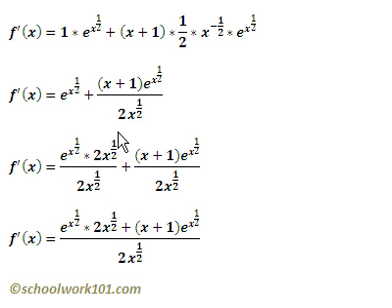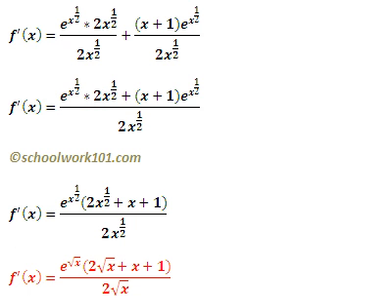I multiply the top and the bottom by 2x to the 1/2. So now we have a common denominator. I add the tops together, and then I factor an e to the x to the 1/2 out. Put things all back in radical form. And so this is the derivative.